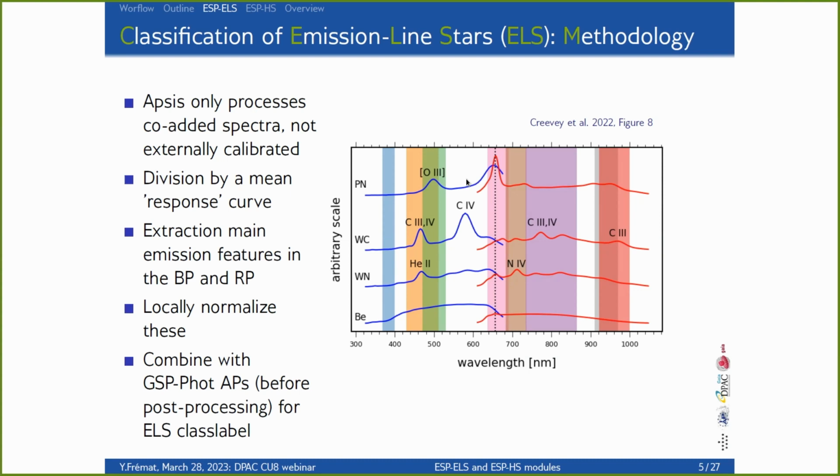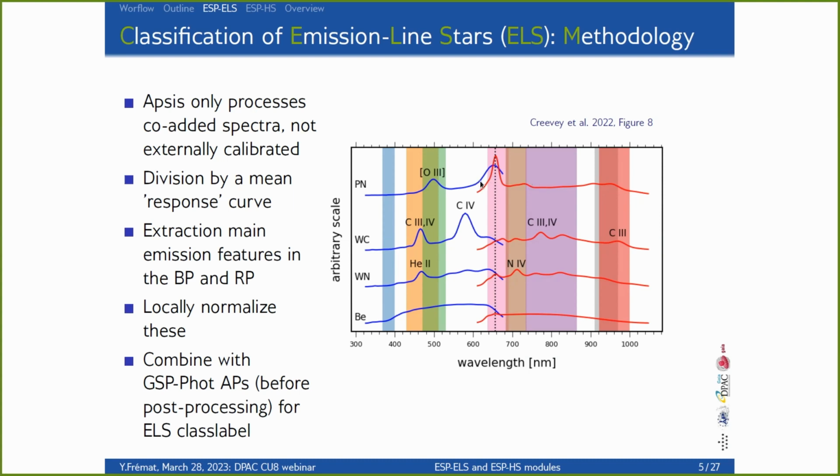At the red edge of the BP, we have a lower spectral resolution than on the blue edge of the RP passband.